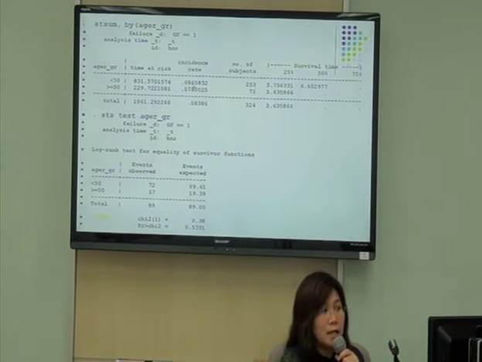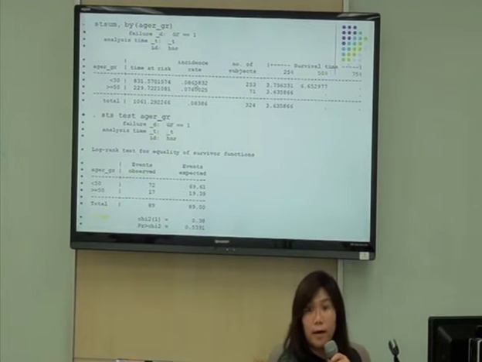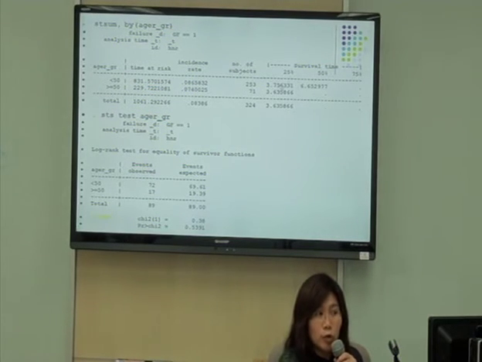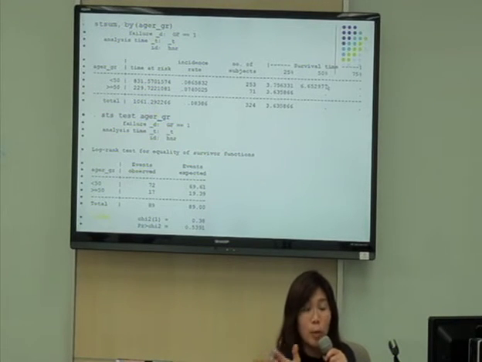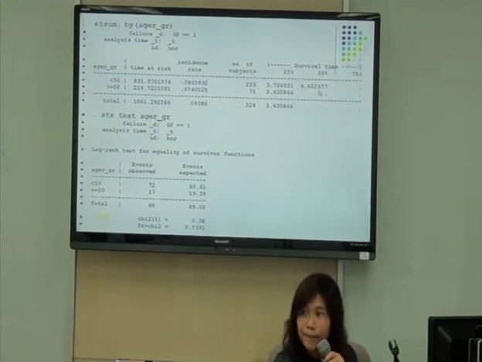Okay, and the incidence rate is 0.08 per person-year. And they will show you the survival probability: 25%, 50%, and 75% survival probability. So if you have the time at 50% survival probability, what does it mean? This is the median time.